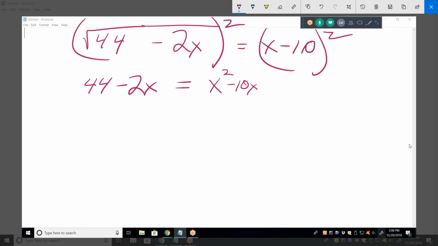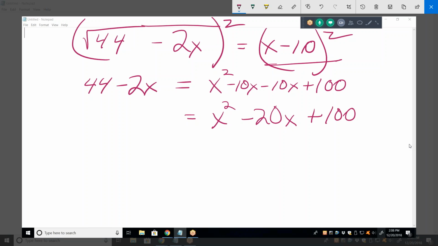You don't have to do this in your head. You can write it out. Hold on. There's two minus 10x's there, and then the plus 100. So it's x squared minus 20x plus 100.